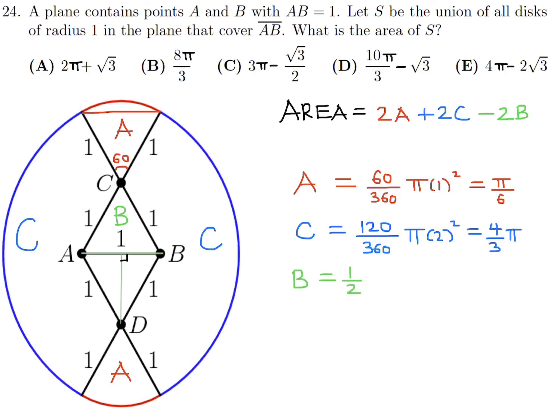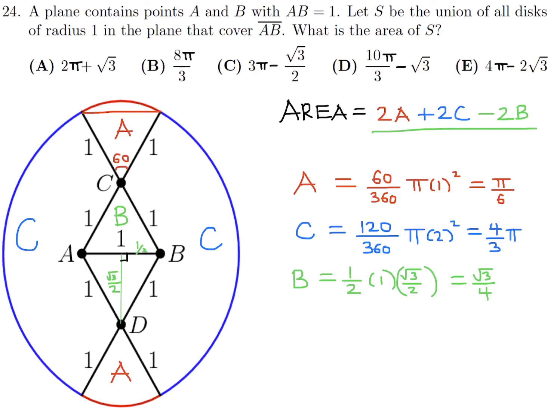Well, the base is from there to there, which is 1. And the height we can figure out, because if this is the base and that's 1, then each of these will be 1/2 from there to there. And using Pythagoras, or a 30, 60, 90 triangle, whichever one you feel that you can do more quickly, you'll be easily able to figure out that that height is √3/2. So √3/2 like that. So the B is √3/4. So there you have it.